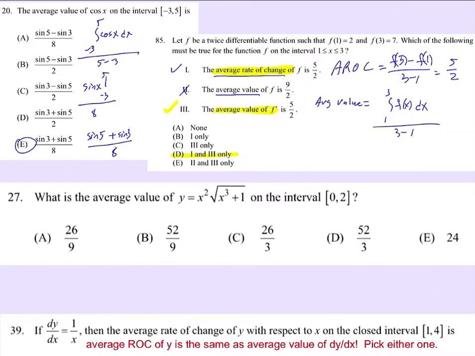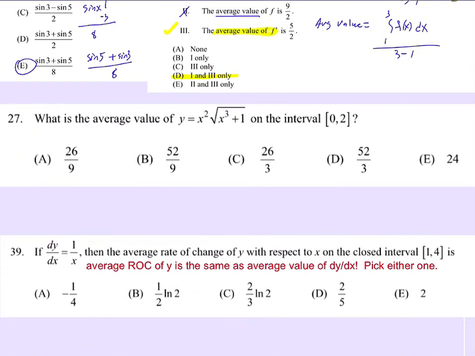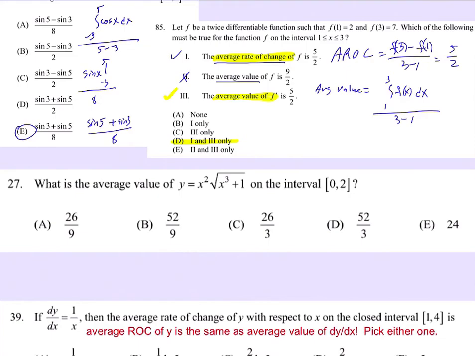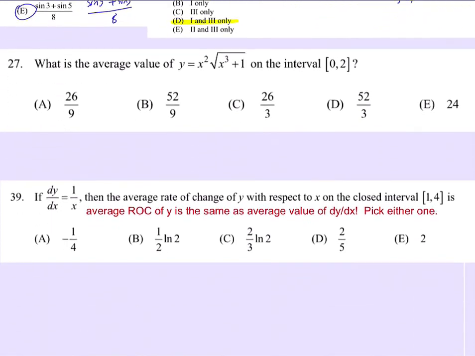Okay, I'll leave these on screen so you can see them and try them on your own. For that last one, just note, you can do it in one of two ways. It asks you for the average rate of change of y. You could use the formula I just mentioned for average rate of change, or you could find the average value of the rate of change.